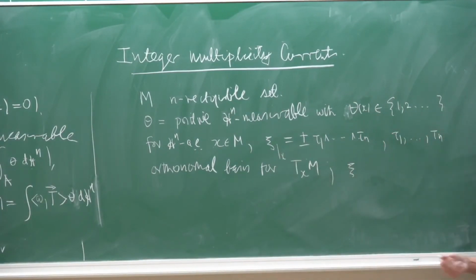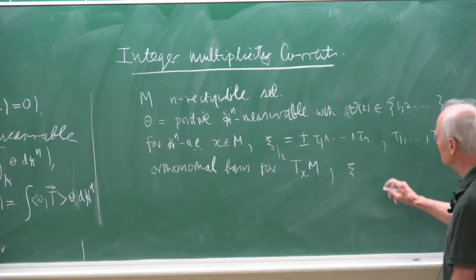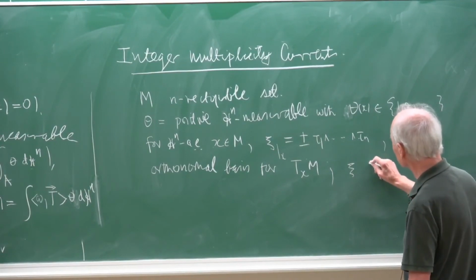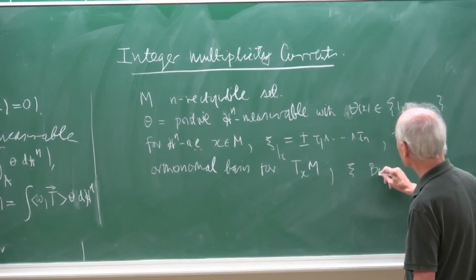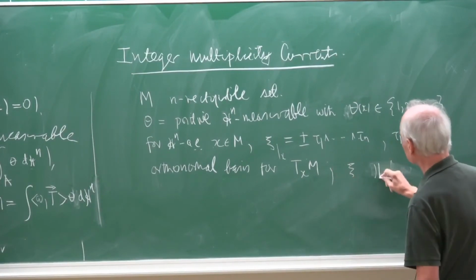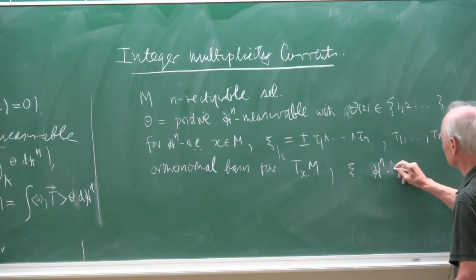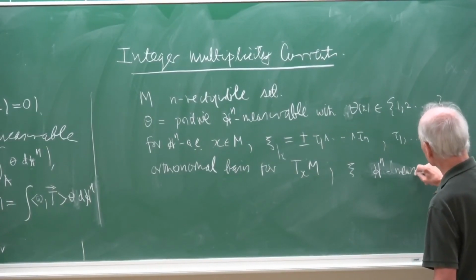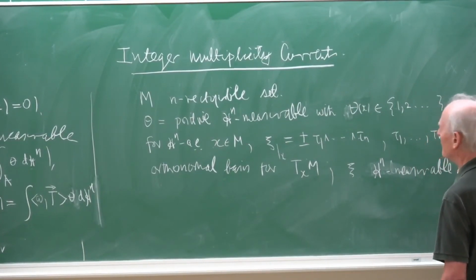It needn't be continuous. In fact, it doesn't make much sense to say it's continuous because M is only a rectifiable set. It's not a smooth manifold, so it doesn't really make much sense to require it to be continuous. But xi is at least Borel measurable, or H^n measurable is fine. In particular, it could be Borel measurable, but as long as it's H^n measurable, that's fine.